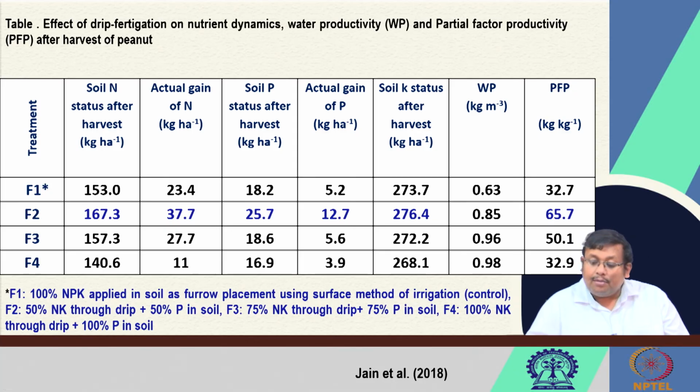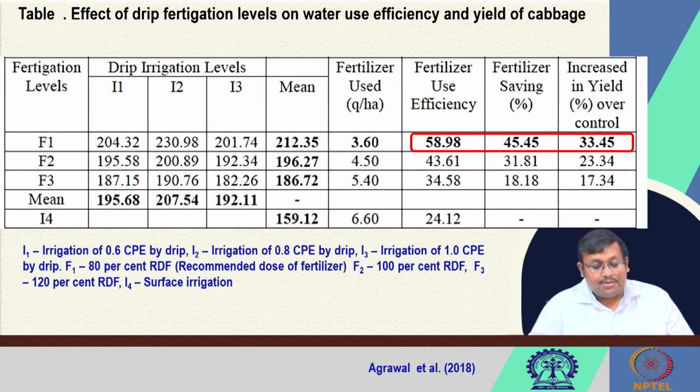So, that shows the importance of fertigation or drip irrigation on fertilizer use efficiency by different crops.